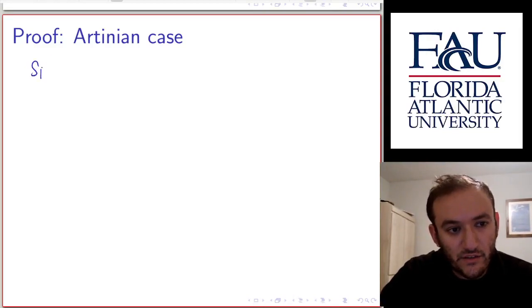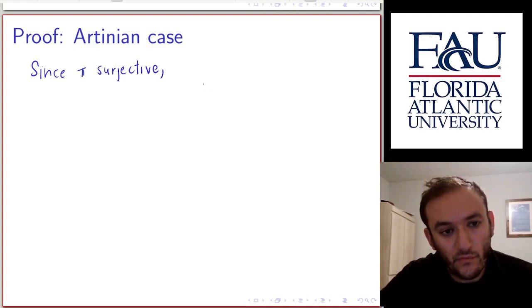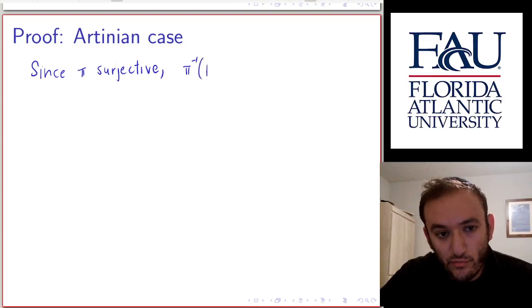But since pi is surjective, if the two preimages of the modules are equal, that means that the modules themselves are equal.